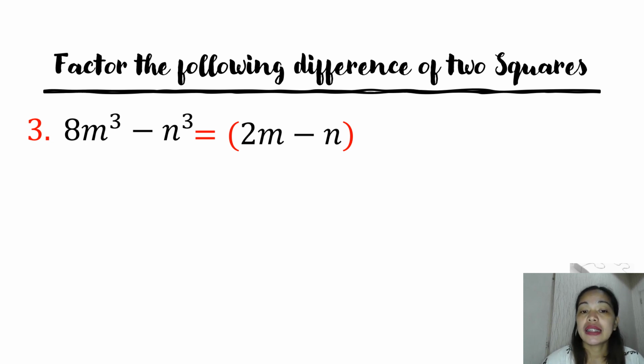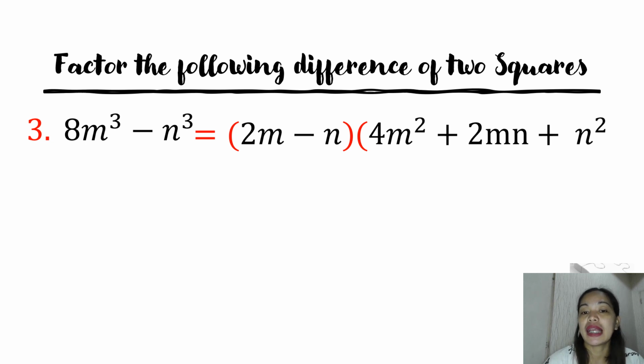And then, ita-times mo lang yung 2m at saka n, that is 2mn. And then, square mo yung n, and that is n squared. Again, square the 2m, that is 4m squared, then times mo si 2m times n, that is 2mn, and then the last term, square mo lang si n, and that is n squared.